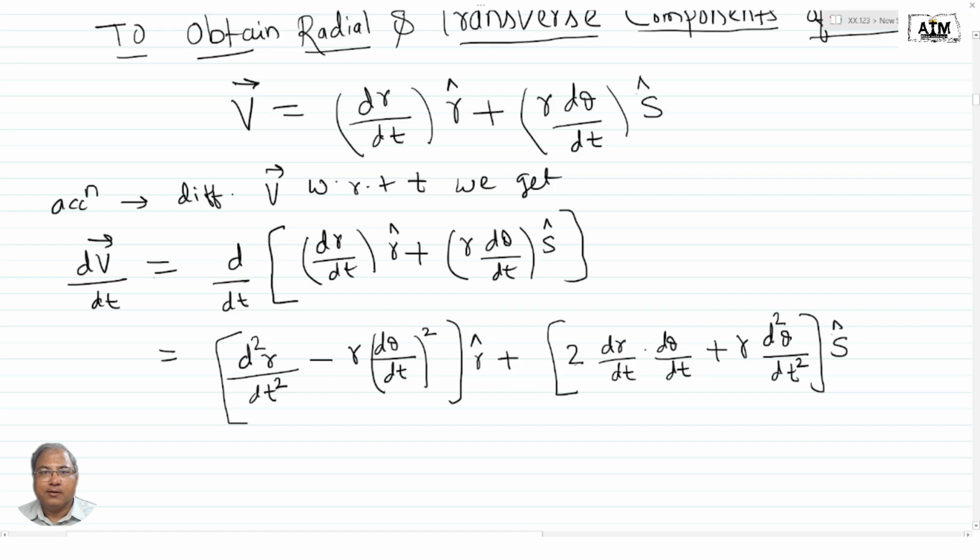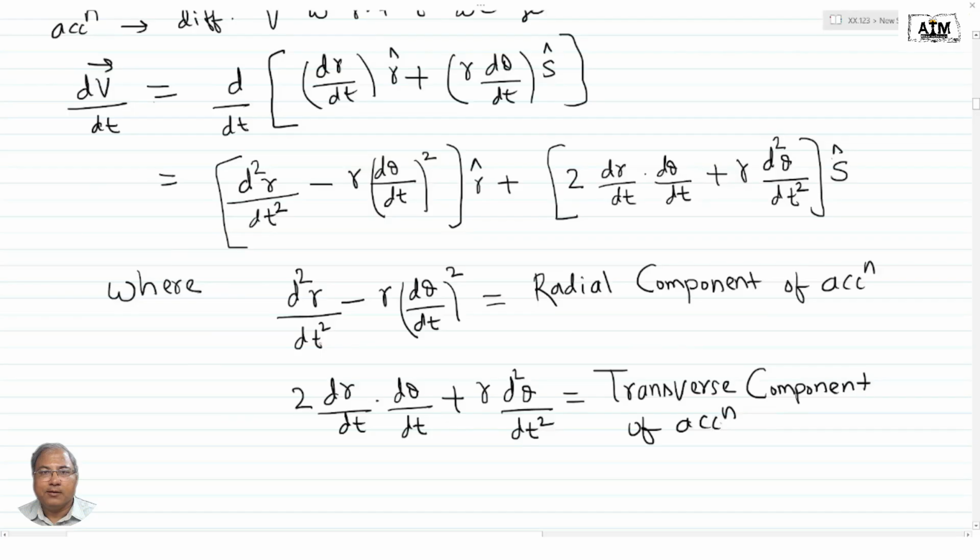In the second bracket, I got twice dr by dt multiplied by d theta by dt plus r d2 theta by dt square, multiplied by s cap, where d2r by dt square minus r d theta by dt whole square is called the radial component of acceleration, and twice dr by dt multiplied by d theta by dt plus r d2 theta by dt square is called the transverse component of acceleration. In this way, we obtain the radial component and transverse component of acceleration.